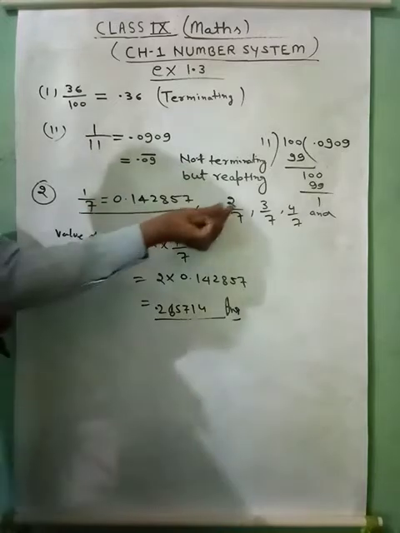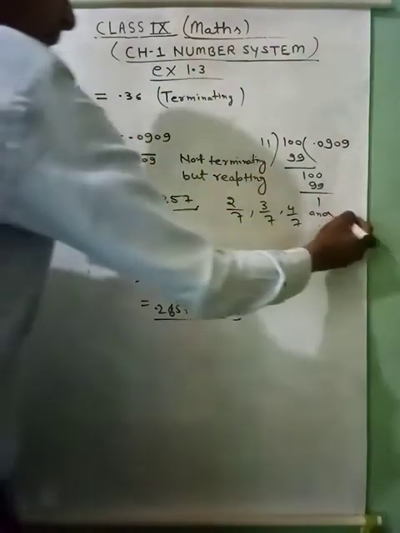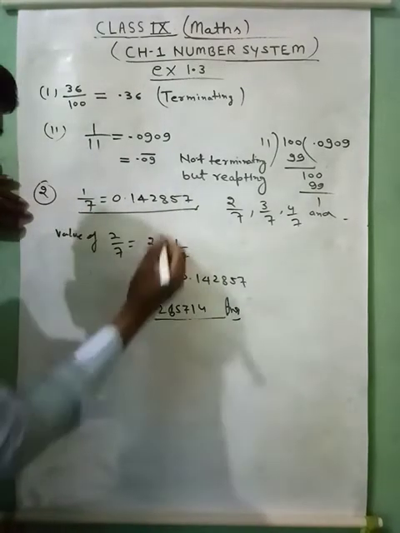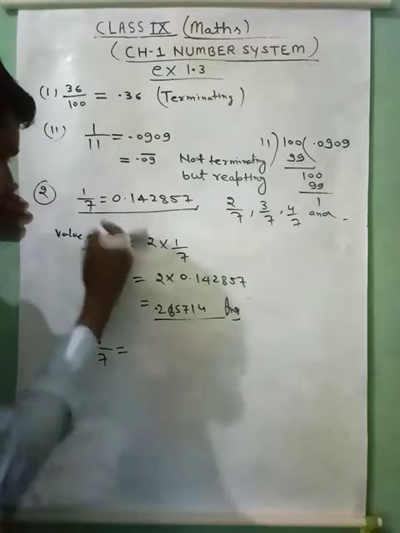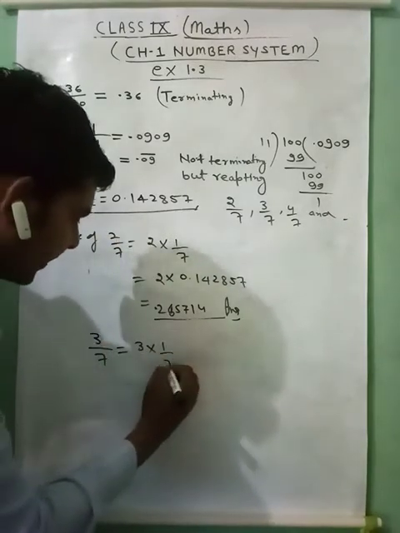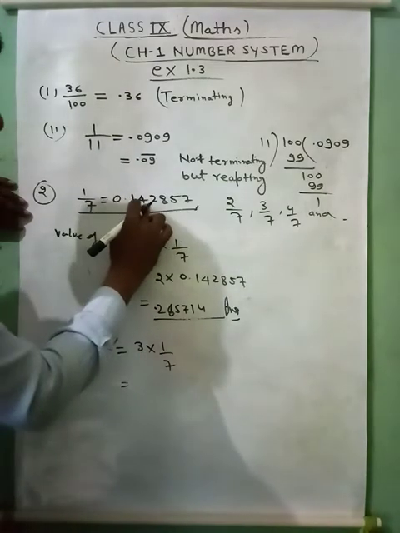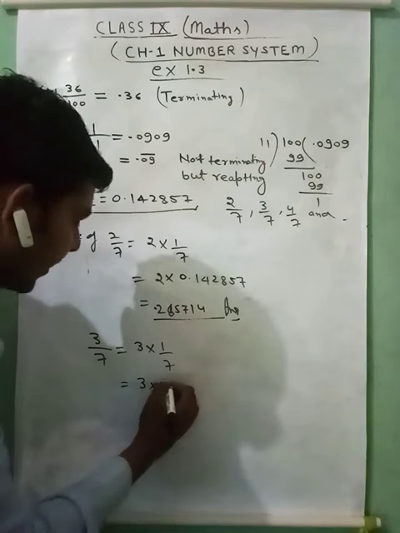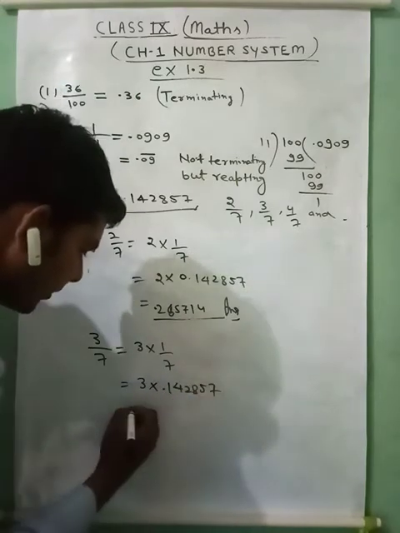Using this you have to find the value of 2 by 7, 3 by 7, 4 by 7 and so on. So suppose you have to find the value of 3 by 7. The value of 3 by 7 is equal to 3 into 1 by 7, and the value of 1 by 7 is given, 0.142857. 3 into 0.142857.